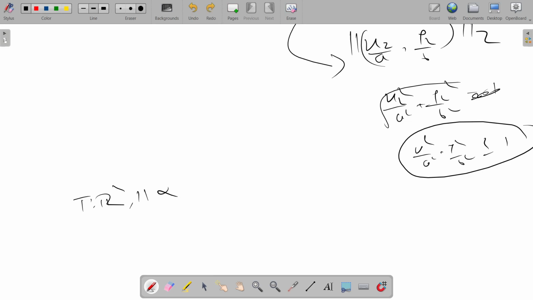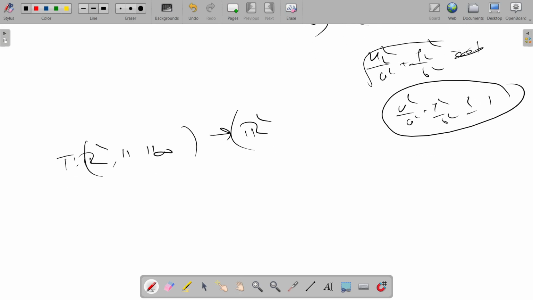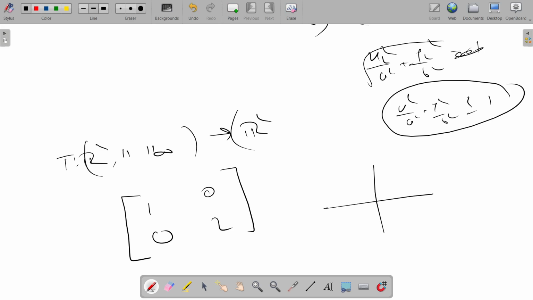We have not given any structure to it yet. We will define a norm. So we will have a matrix 1 0 and 0 2. This will give us a rectangle, because in the sup norm we have this square.